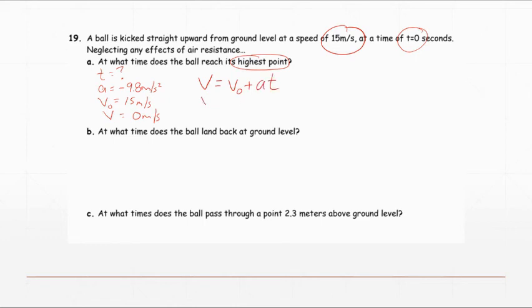So (V minus V initial) divided by acceleration equals time. When I plug that in, I get 0 minus 15 meters per second divided by negative 9.8 meters per second squared, and that gives me 1.53 seconds.